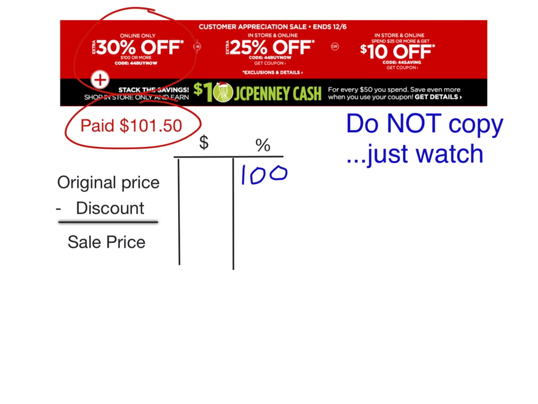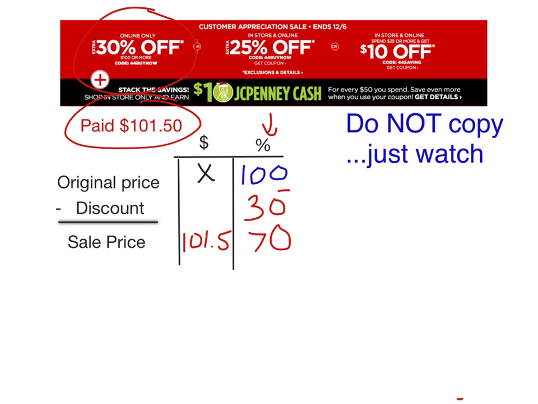Okay, also know I got a discount of 30%, so it must go under the percent sign, and that is a 30. Now remember, if I subtract these two, I will then get what percent I actually paid, in which I paid 70%. So if the question asked me what the original price was, or I'm like, well, I wonder how much I actually got, I have then my proportion set up.